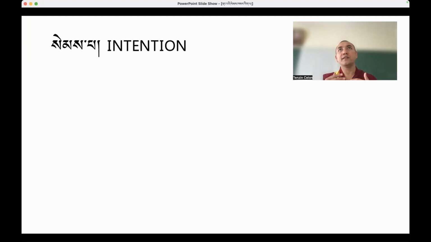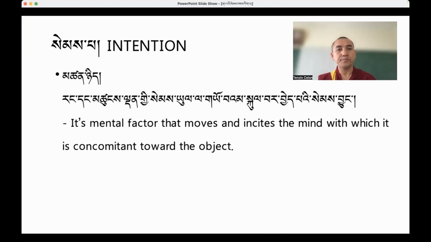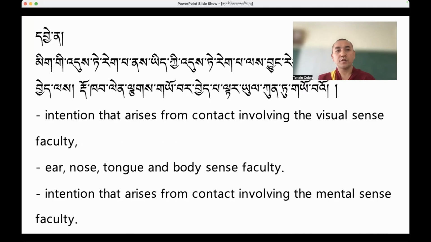Similarly, intention moves our minds towards the objects. So this is the definition of intention: a mental factor that moves and incites the mind with which it is concomitant towards the objects.